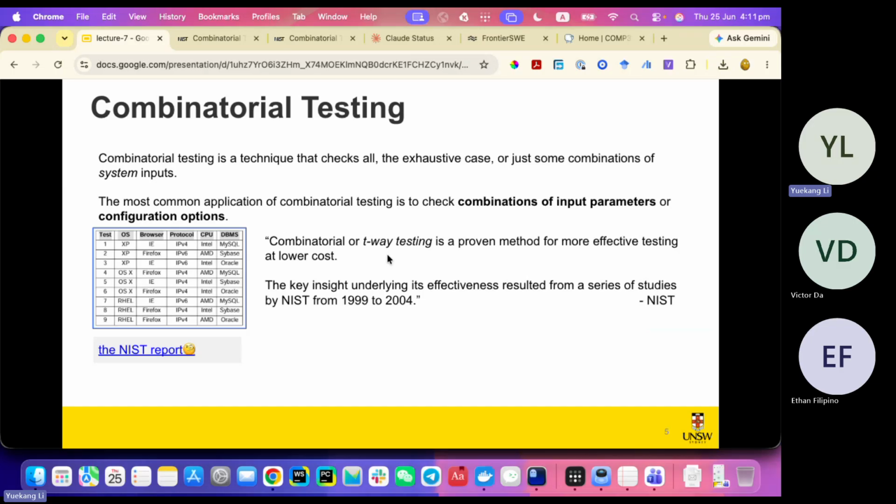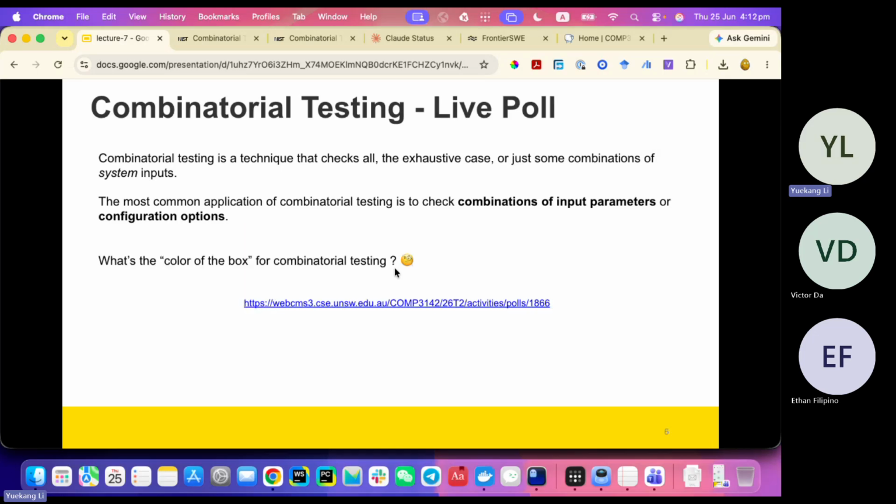They did a systematic study of how we can systematically test different system configuration options and different combinations of system inputs. So this is a brief introduction of combinatorial testing.